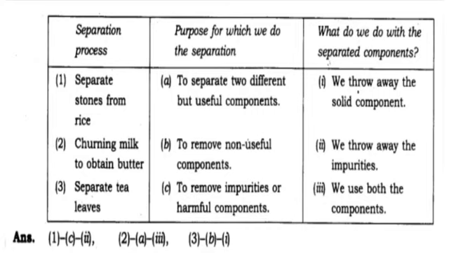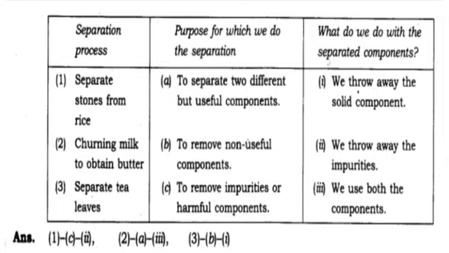So students, if we want to separate stones from rice, then what is the purpose? To remove impurities or harmful components. This is the purpose for separation. And we can separate it by throwing away, right?